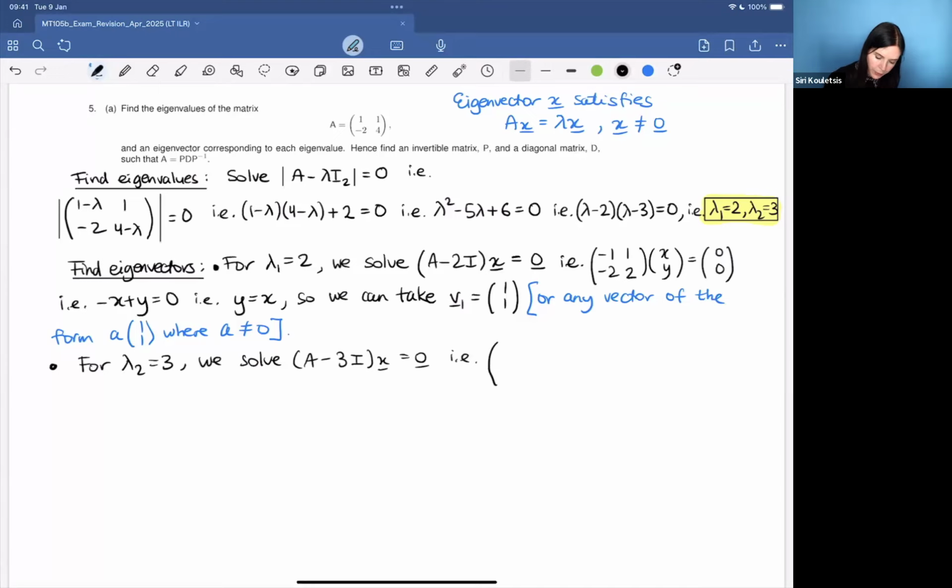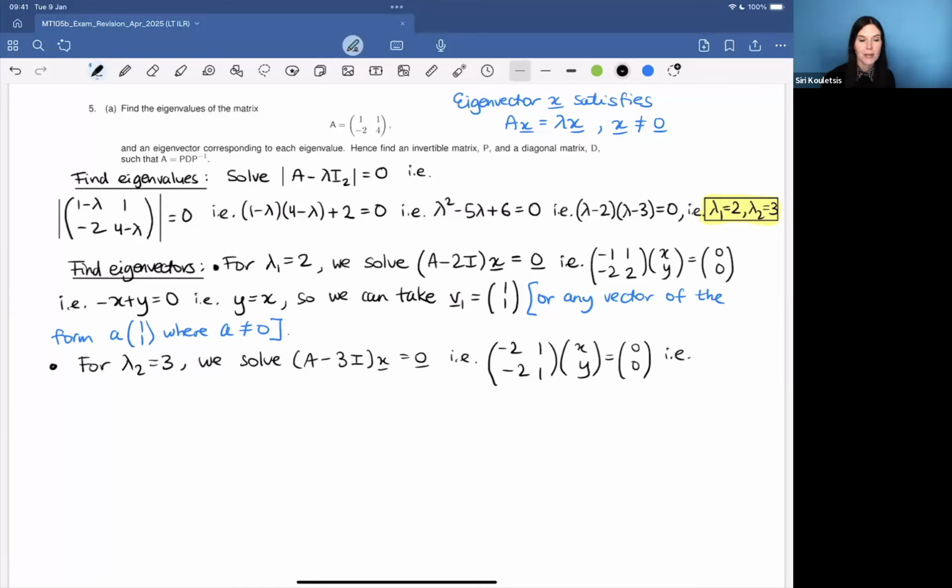Now we deduct 3 from the diagonal of A. Again, not a surprise that the second row here is a multiple of the first, if you look at the augmented matrix here, because that's precisely what we're expecting.